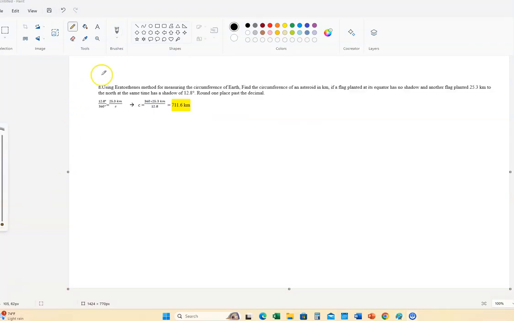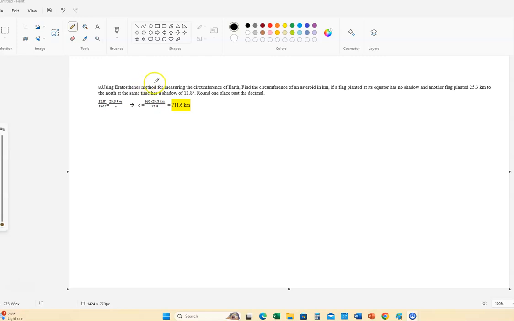Pause this. All right, here's practice problem number 8. It says, using Aristophanes' method. Remember, Aristophanes was a guy who lived more than 2,000 years ago, around the time of the Greeks, and he measured the circumference of the Earth by noting that there was no shadow inside of a well to the south of the Nile River, and then there was a shadow of about 7 degrees where he was, which was in Alexandria, Egypt.